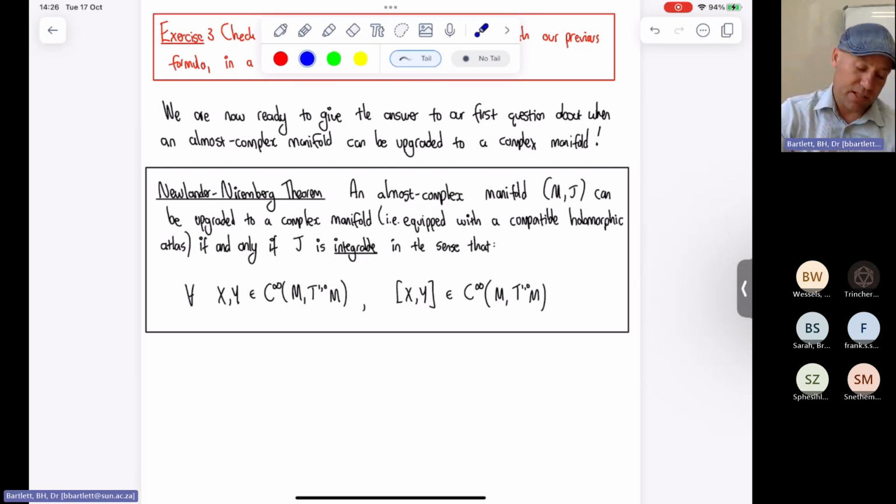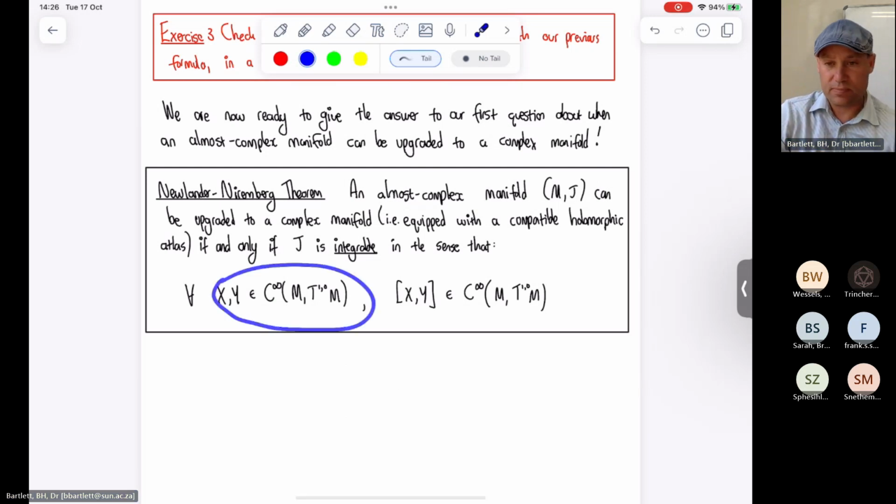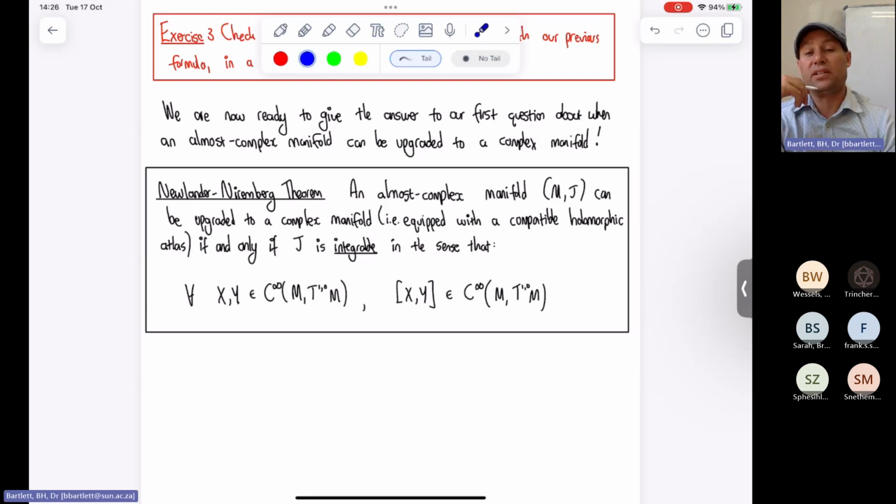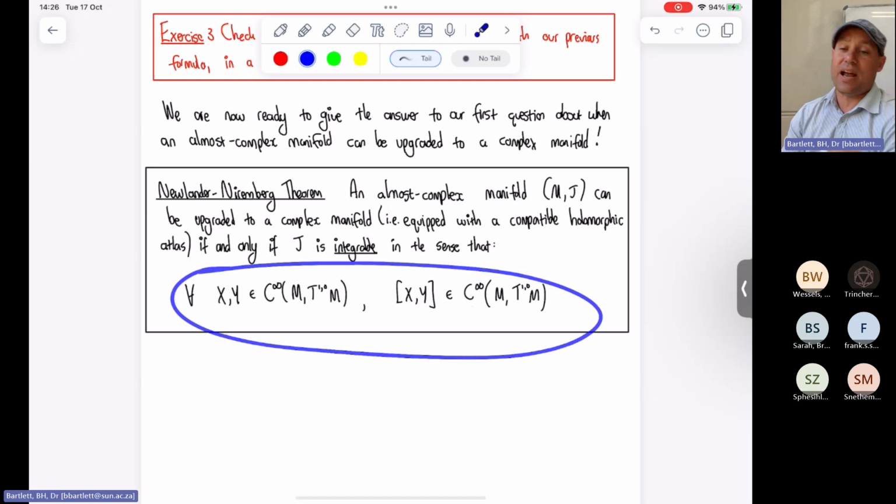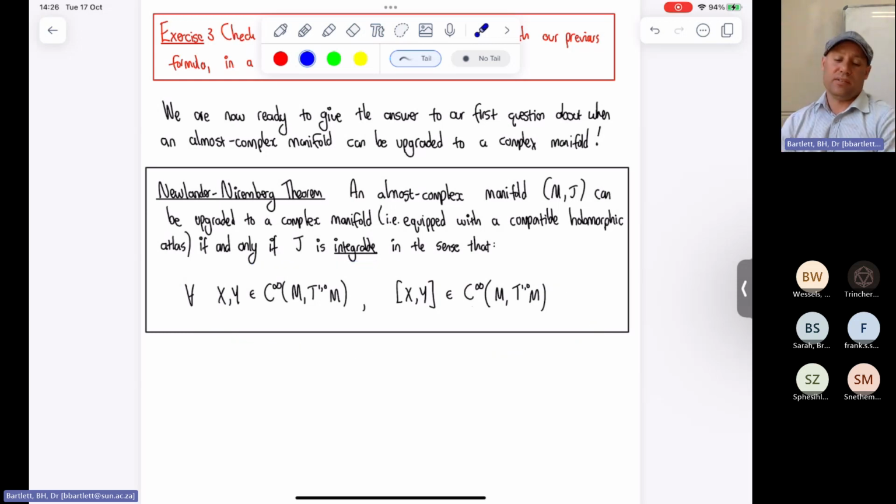So if I take two vector fields of type 1, 0, and I compute their Lie brackets, then I also want to get a vector field of type 1, 0. If that's always the case, then we say that the almost complex structure J is integrable, and the theorem says that if that's the situation, then you can actually find this holomorphic atlas.